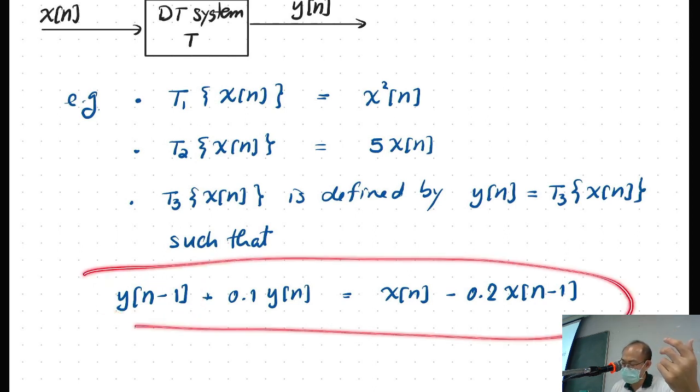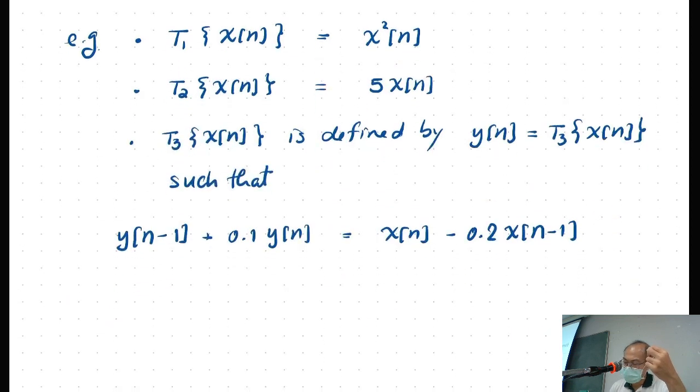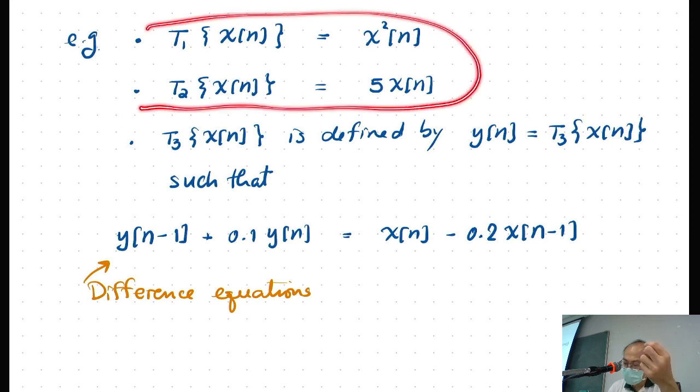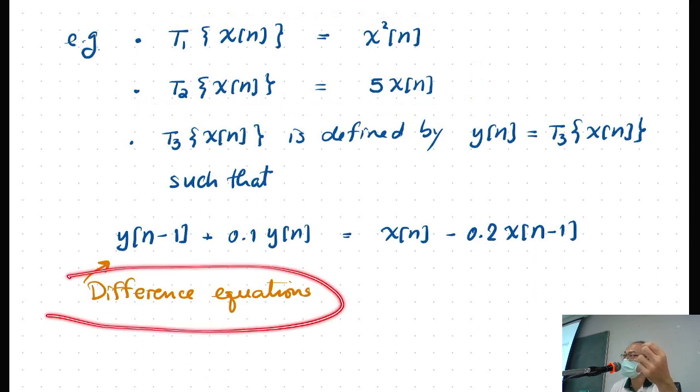So this defines the system T3. Discrete time systems may be defined in a straightforward manner like this, or they can be defined by means of difference equations like this.